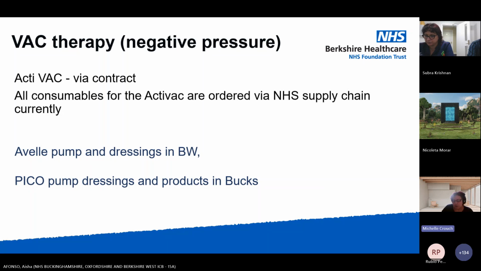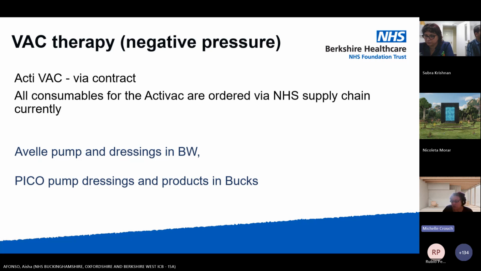So with regards to negative pressure therapy, so our VAC therapy, across the board, we use Active VAC. For Berkshire West, we're under contract with that, so we can order direct from Solventum.